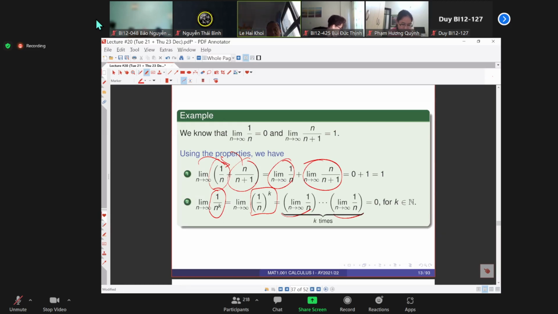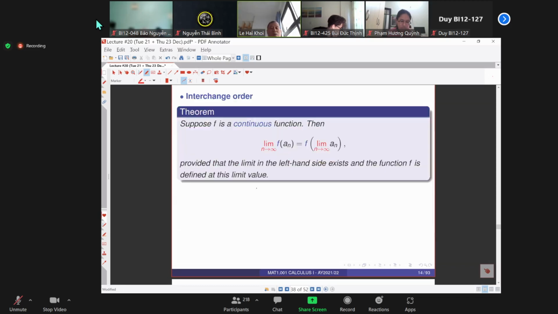Ok, so the same as a function, so very good to do. But here also you have in a function, if f is continuous function, then limit of f of a_n is sometimes difficult to compute. You can take the limit first and then you apply f later, provided that the limit on the left hand side exists and the function is defined at the limit on the right hand side.